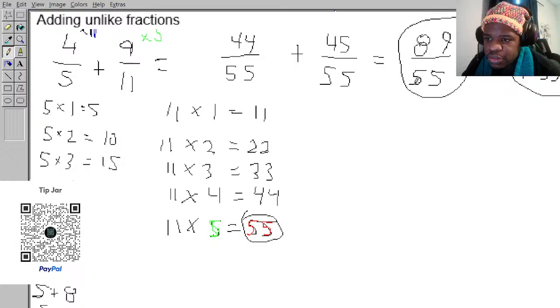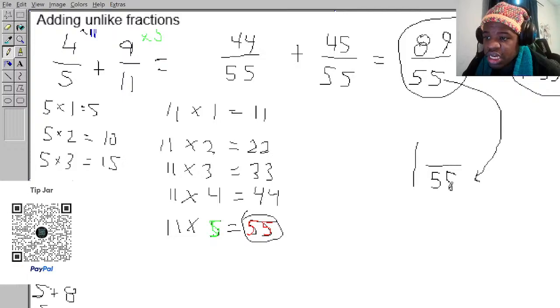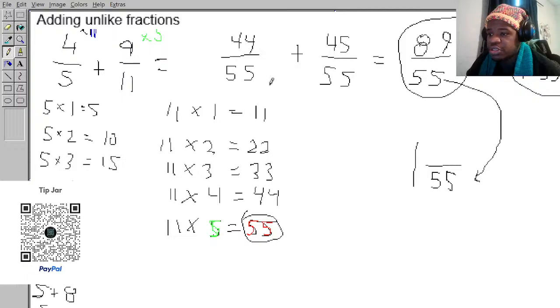So it brings one time, and then the denominator just comes down with it. The denominator always stays the same for fraction problems. The only time it changes is when you convert it to your least common denominator. That's the only time it should change. Outside of that, it doesn't change.